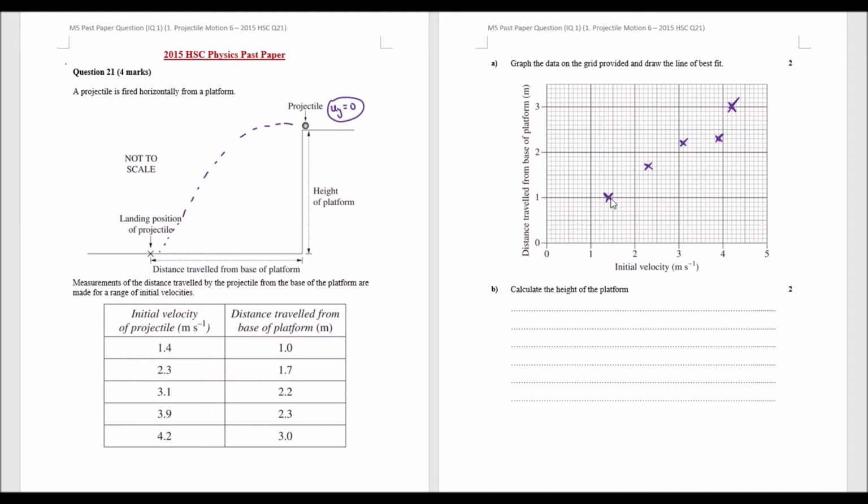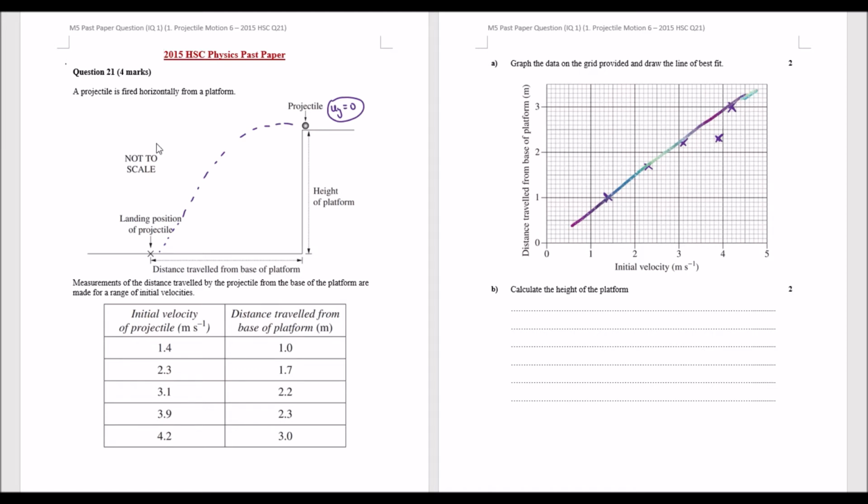Your line of best fit should always start just a bit before your very first point, and it should end a little bit after your very last point. It should go through your data points. It shouldn't be touching, so it shouldn't be connecting dots, but rather just going through them as an average if you can. So that's what I've drawn here.